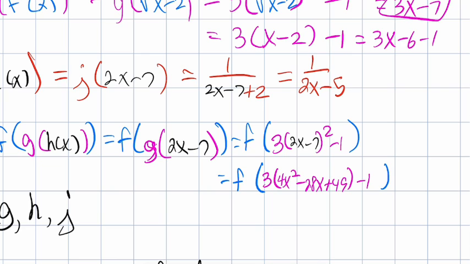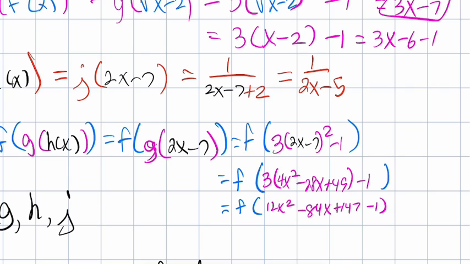And then let's distribute the 3 again. The f I don't even care about right now. When I distribute the 3, I get 12x squared, and then 3 times negative 28 is negative 84, and then 49 times 3 is 147.